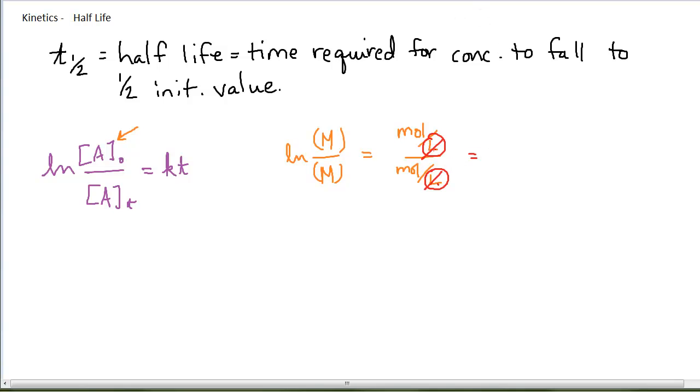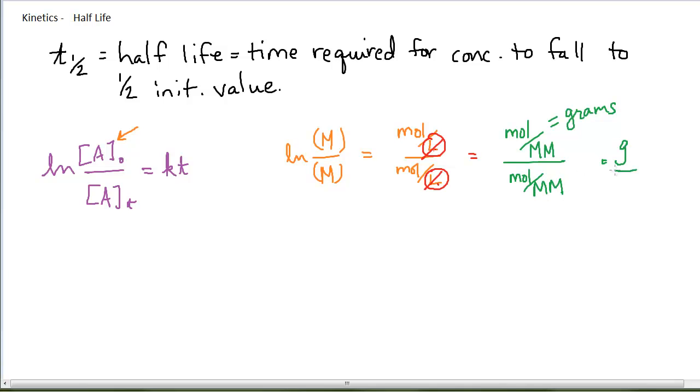Moles is not typically something that we measure, but grams is. Recall that if I take the moles and multiply by the molar mass, the molecular weight, that is my grams. And moles times molar mass over moles times molar mass is grams over grams.